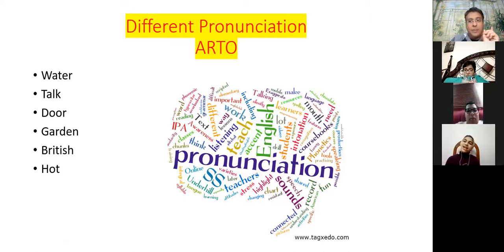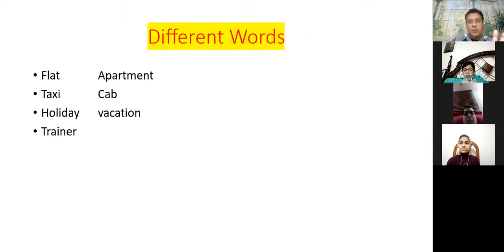Sure, I talk about British accent. When I have R in final position of words, I say door without R, like door and water. So please take care of that.